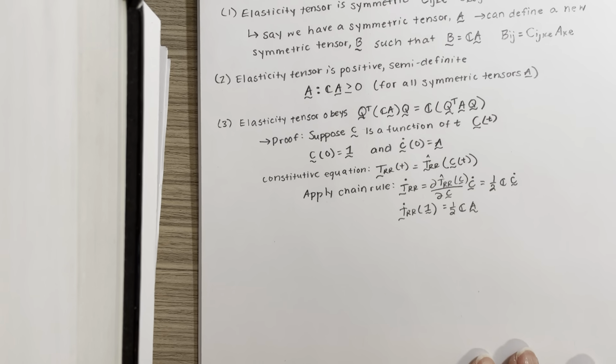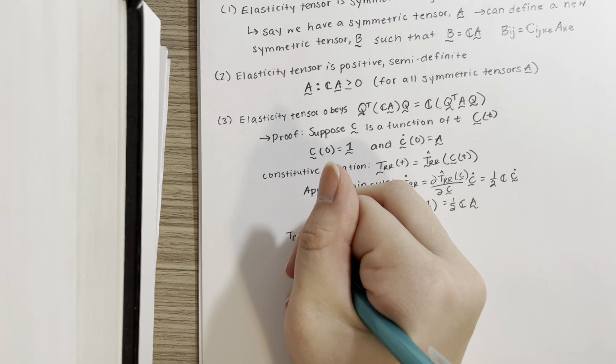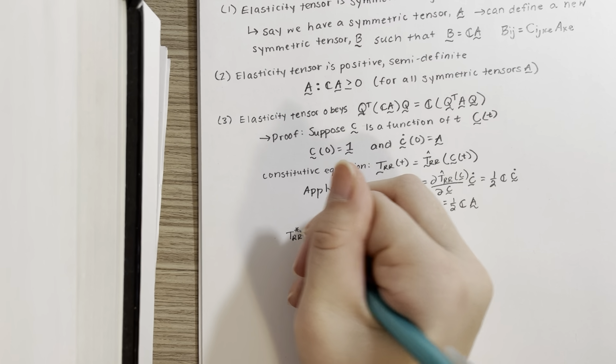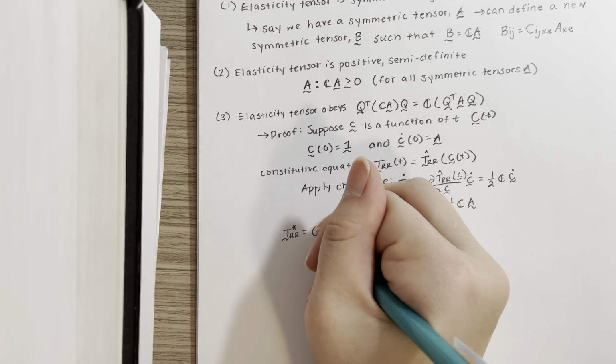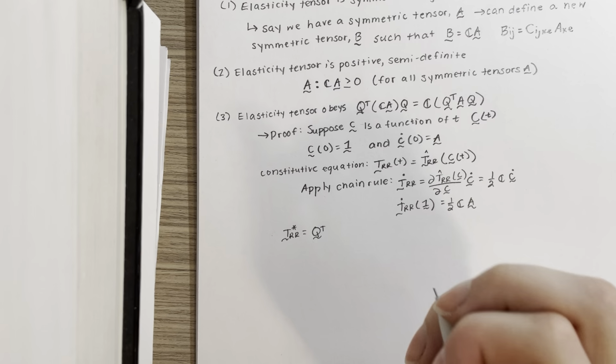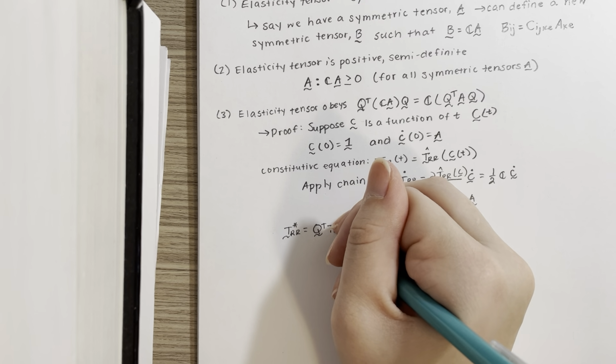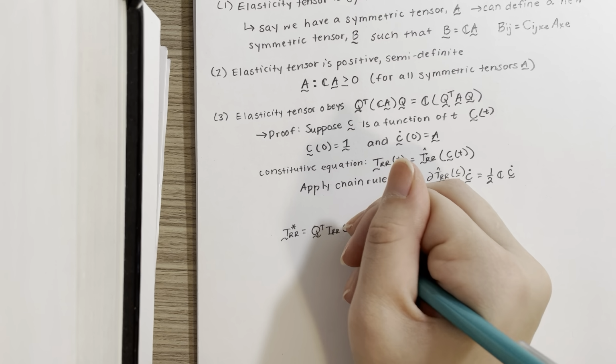So now if we have that T_RR undergoes some sort of rotation, we'll call that T_RR star. Let's say we apply some sort of rotation, Q transpose T_RR times Q.